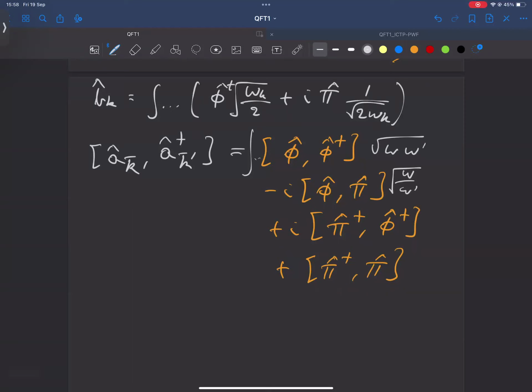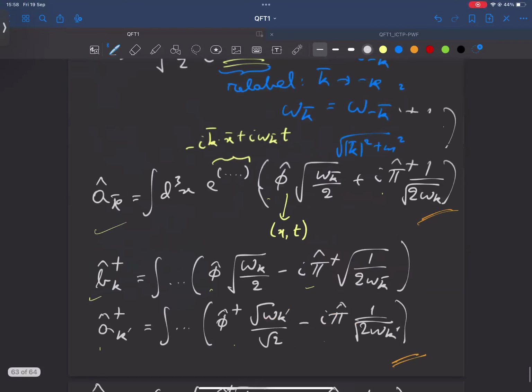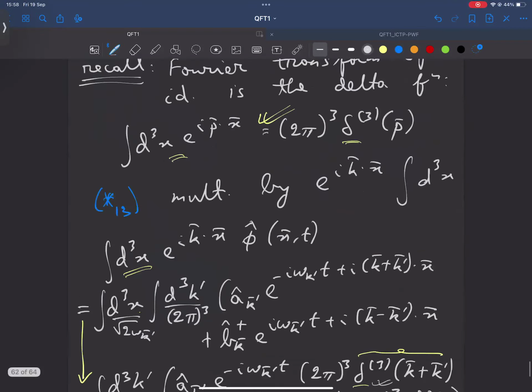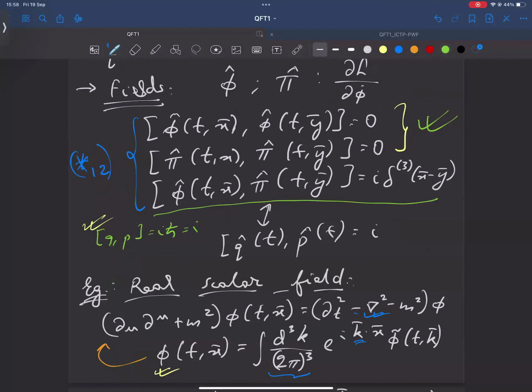So if you are careful enough with all that, once you write it this way, you can now impose the commutation relations. These are these relations, let me go back a bit, yeah, these relations, star 12.